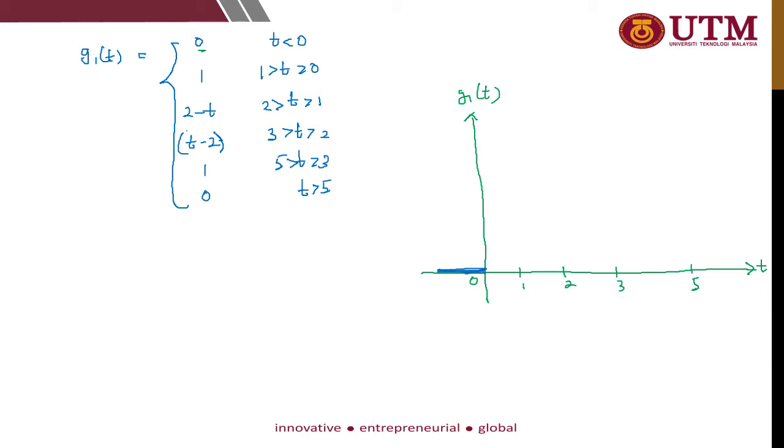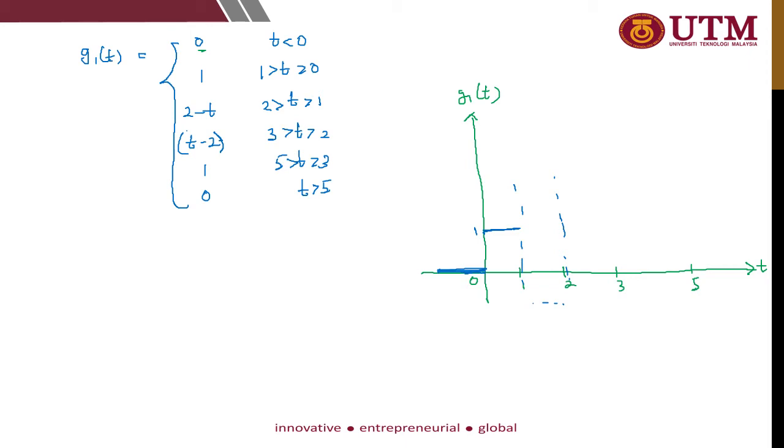And then t from 0 to 1, the magnitude is 1. Then from 1 to 2 is 2 minus t. How to plot that? You can put in your t values to ease your drawing.